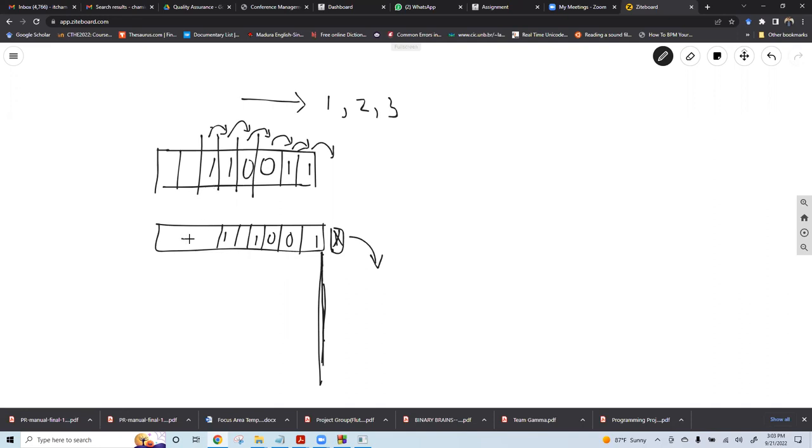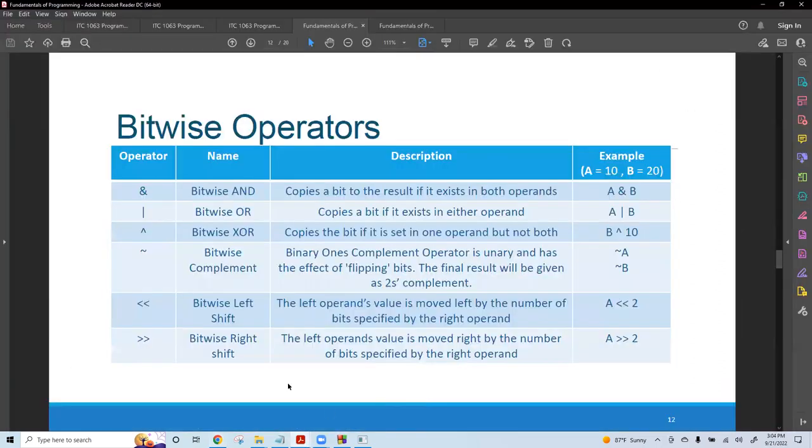So when we push this one by one, the last one would fall down. This is just one. So this is called right shift. A is right shifted by 2. The right shift, you know.